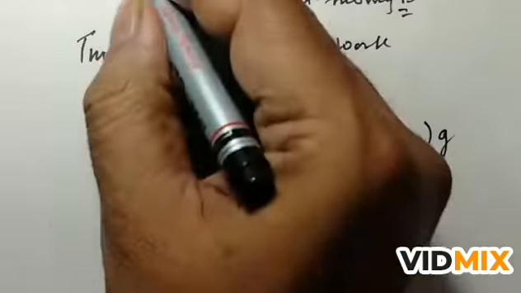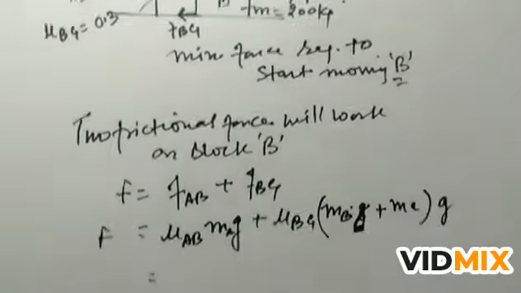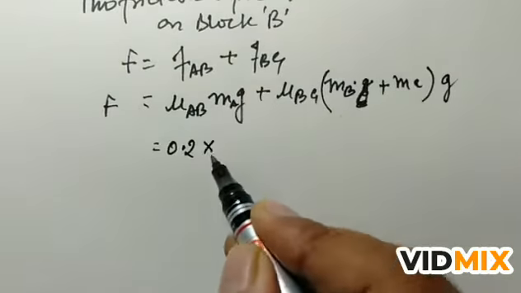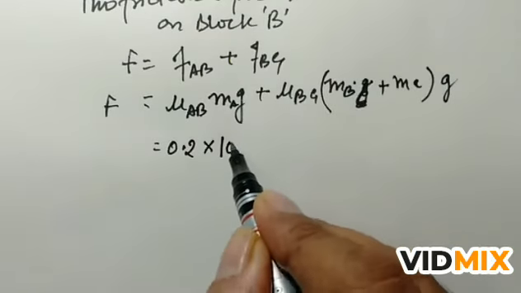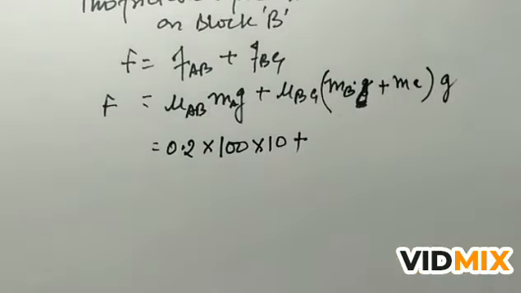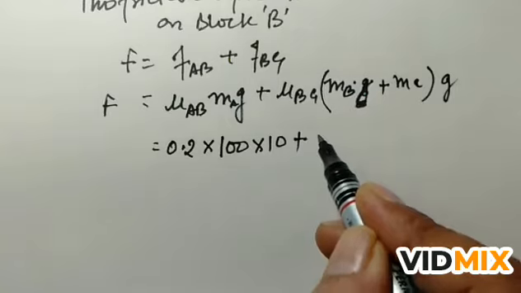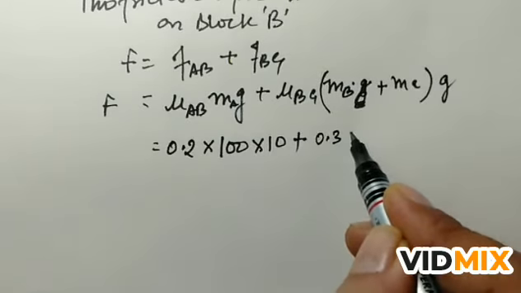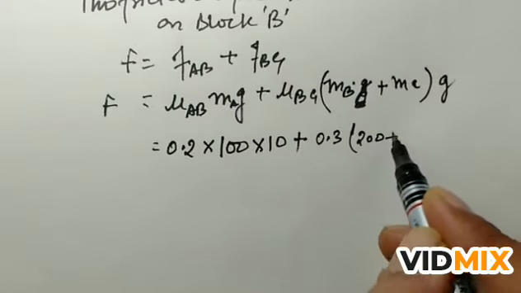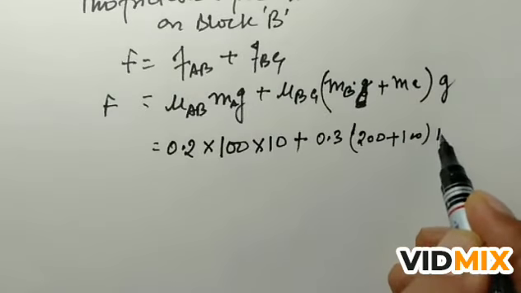Mu AB is 0.2, the mass of A is 100 kilogram, the value of g is 10, plus mu BG is 0.3, and the mass of block B is 200, mass of block A is 100, and the value of g is 10.